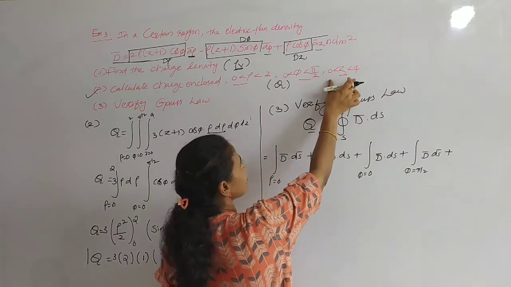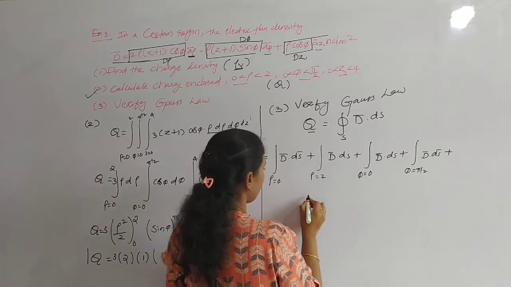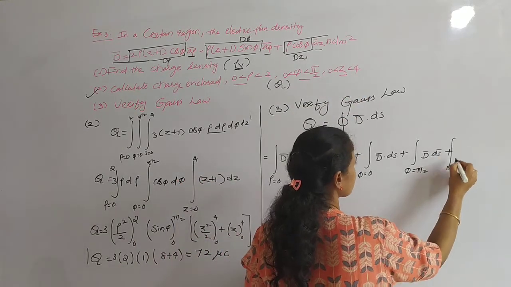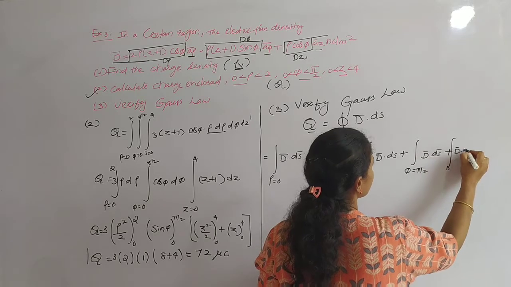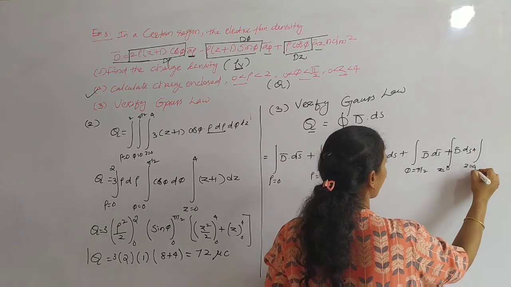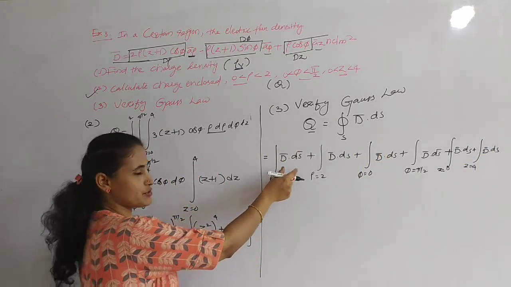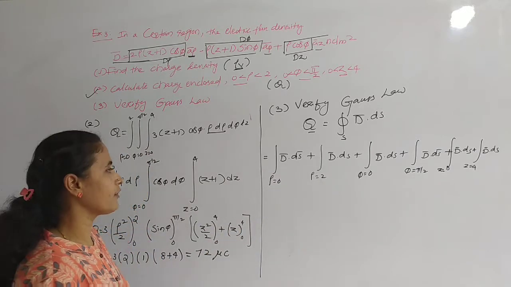We obtain the individual parts and later we will add them, because it is a closed surface. And we have z also: at z equal to 0 and at z equal to 4, D bar dS bar. Let us obtain all the individual integrals, then we will add them all.